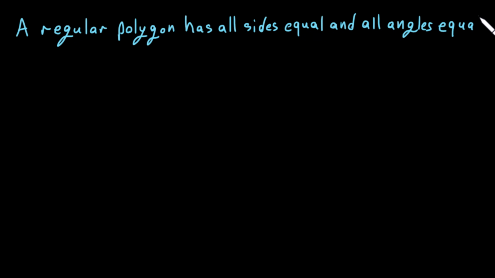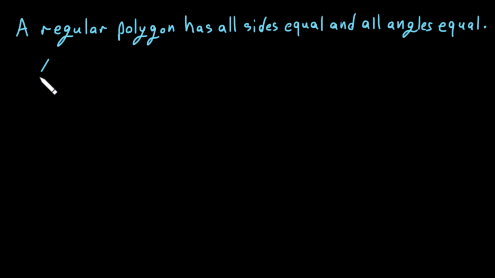Now let's talk about regular and irregular polygon. A regular polygon has all sides equal and all angles equal. Let's write the definition here. So a regular polygon has all sides equal and all angles equal.